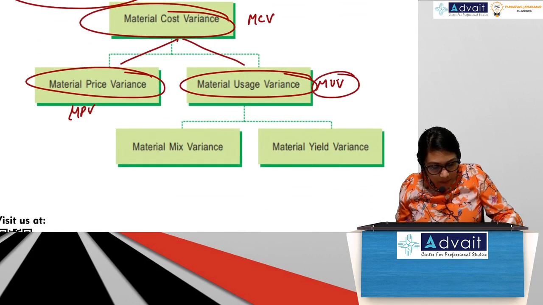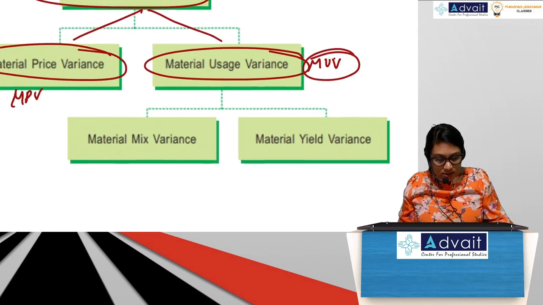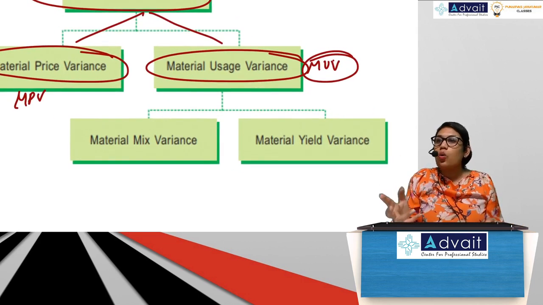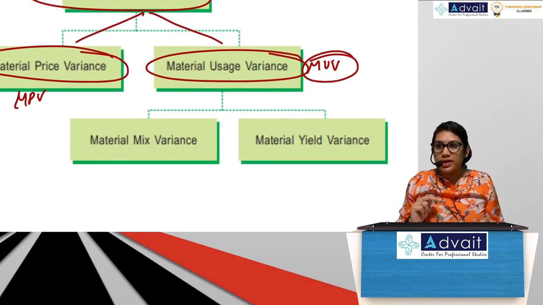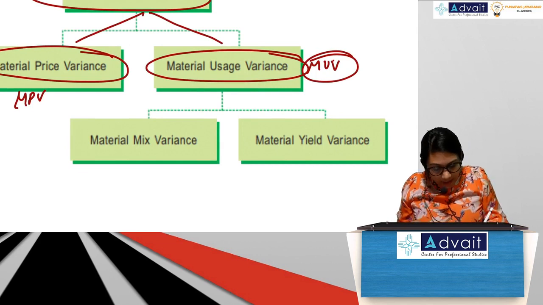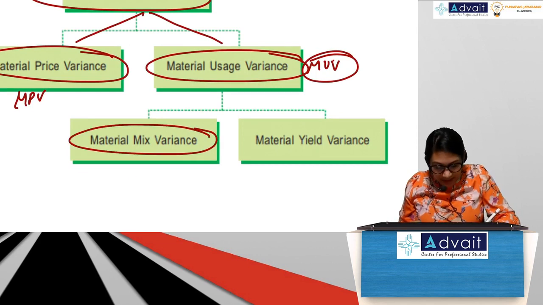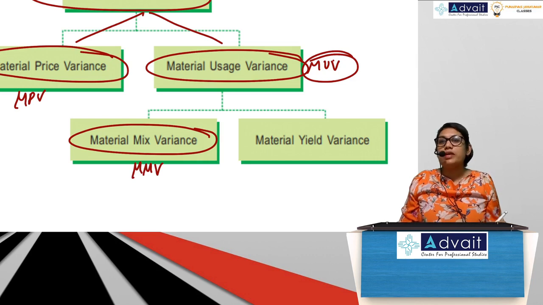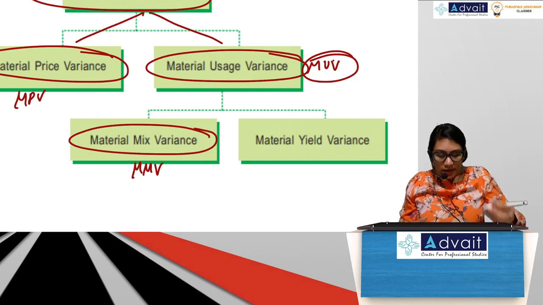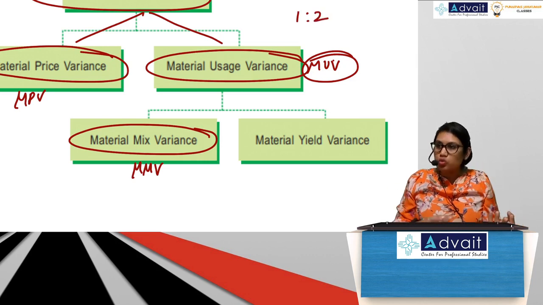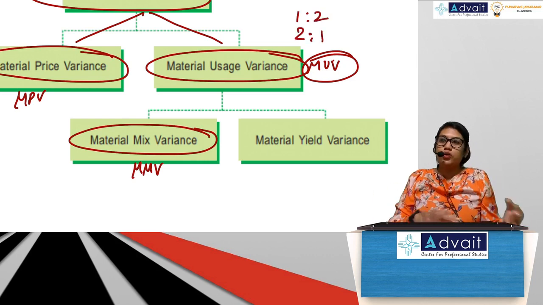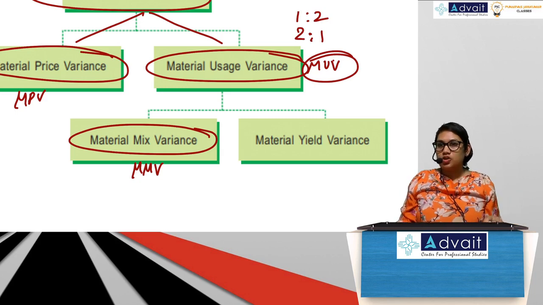Now MUV could arise, or why is there a deviation in the quantity? It is because of two reasons. One is material mix variance, MMV. So I was supposed to use material in the ratio 1:2. I ended up using material in the ratio 2:1. Change in mix.